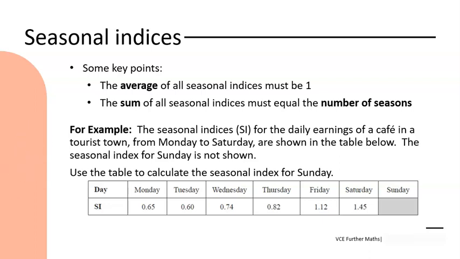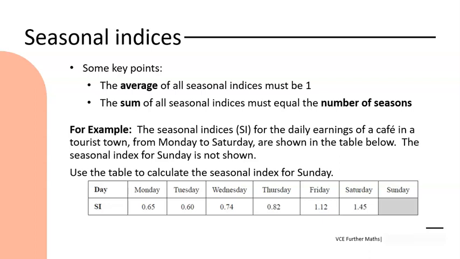The example we've got here has the seasonal indices for the daily earnings in a cafe in a tourist town from Monday through to Saturday, shown in the table, and the seasonal index for Sunday is not shown. We want to use the information in the table to calculate the index for Sunday. As we said, the sum of the indices must add up to the number of seasons.